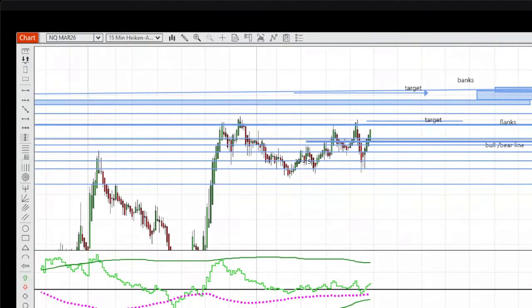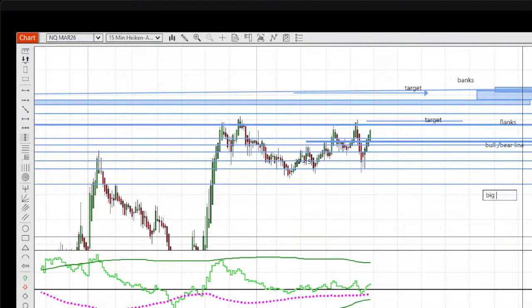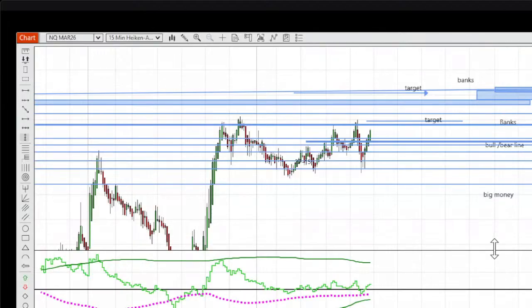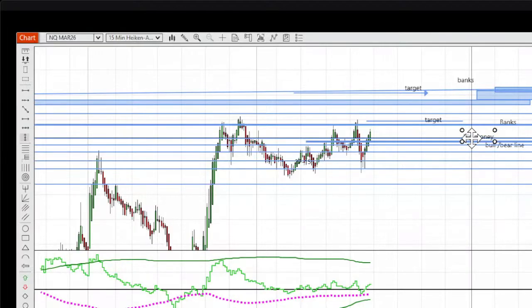Let's see. I really think that's 67 to 65. It's right in there. We really can't do it that close. So look where the big money's sitting. Right there.